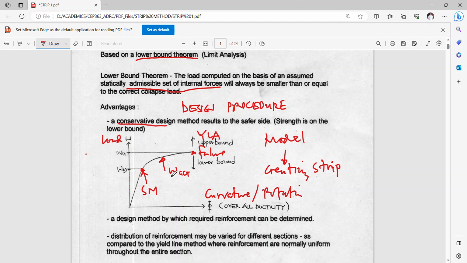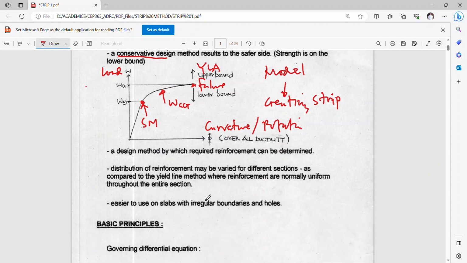So this design method of strip analysis, by which required reinforcement can be determined, is, as I told you a while ago, a design procedure. The distribution of the reinforcement will be varied for different sections as compared to the yield line method where reinforcement is normally uniform throughout the entire section. It is easier to use on slabs with irregular boundaries.